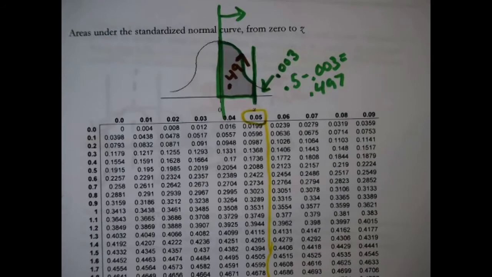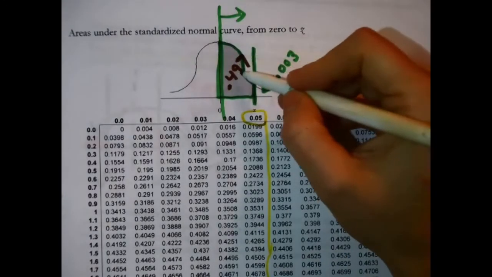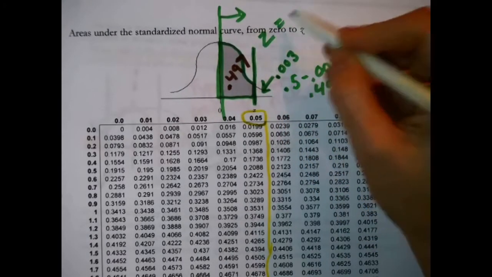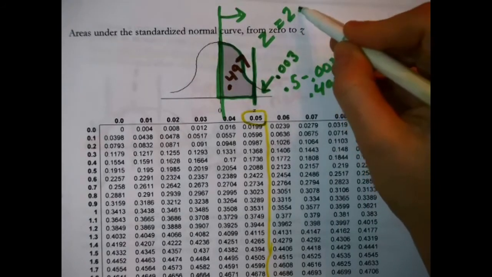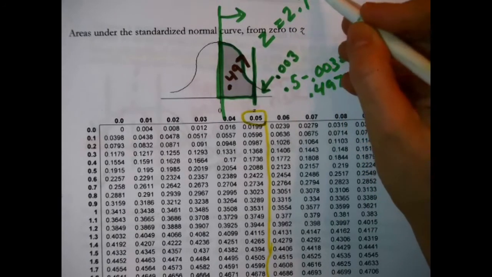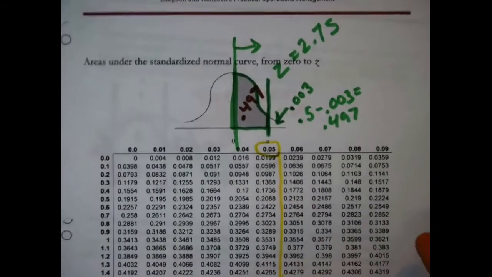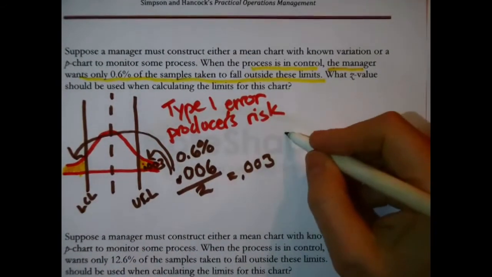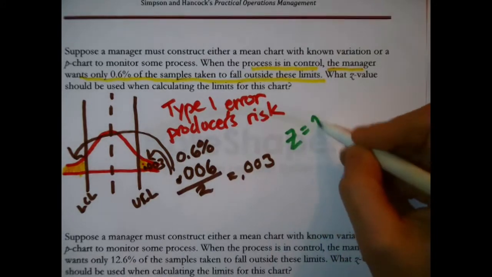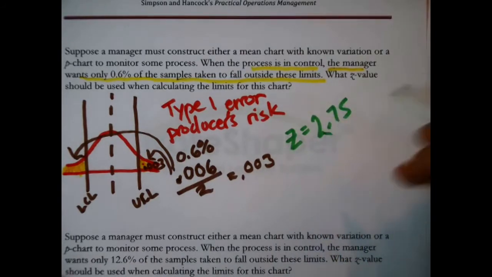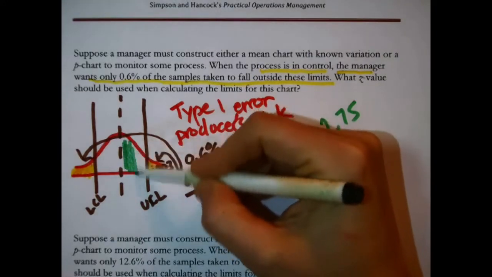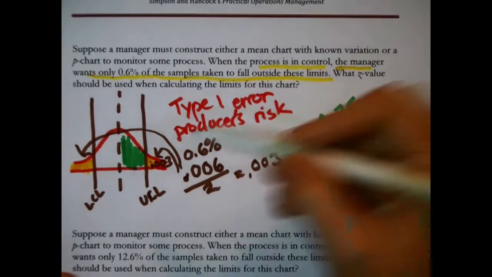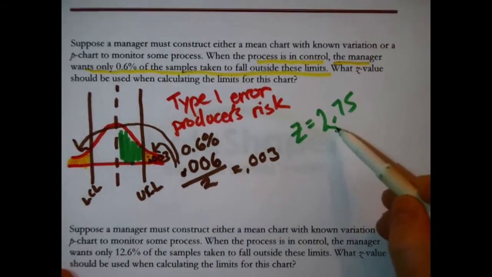That means that 0.497 corresponds to a z-value of 2.7, the first two digits, and 5. Oh, well, actually, that's the answer. Z equals 2.75. How did I find it? I looked up that area, 0.497, and that is the z that it belongs to.